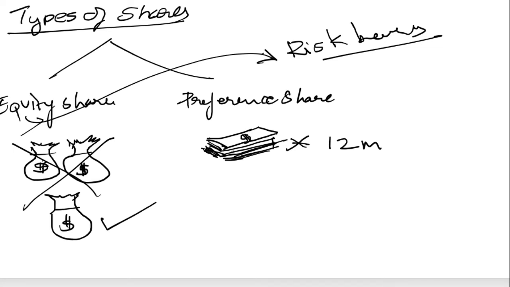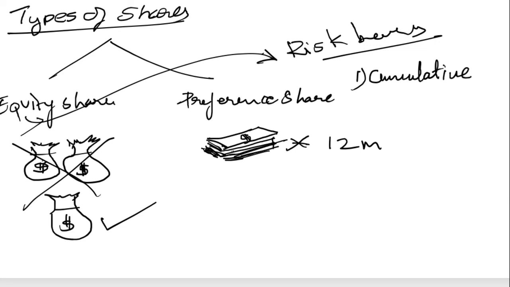But we can divide preference shares into different types. What are the different types of preference shares? One is cumulative preference shares. What are cumulative preference shares?